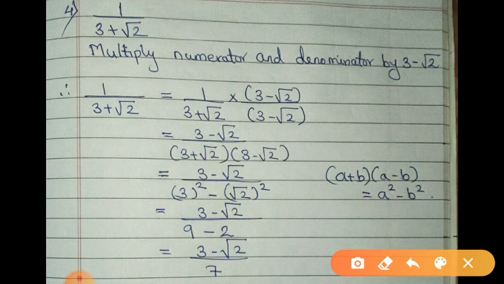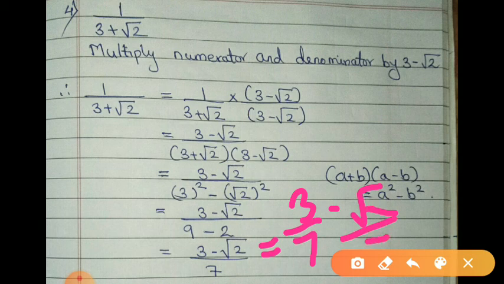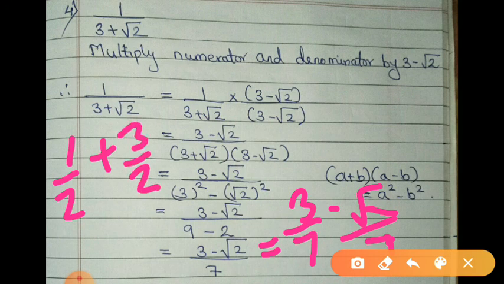After this, either you can write the same as 3 by 7 minus root 2 by 7. What I am doing is just dividing it separately, because if I have 1 by 2 plus 3 by 2, with the same denominators, how do we write?